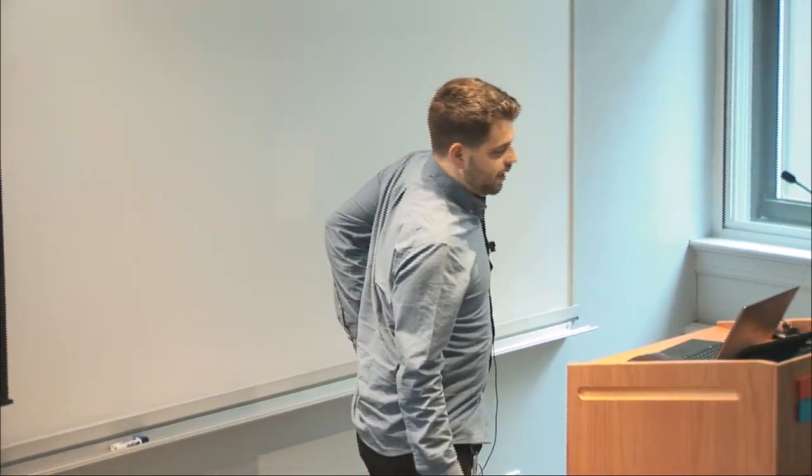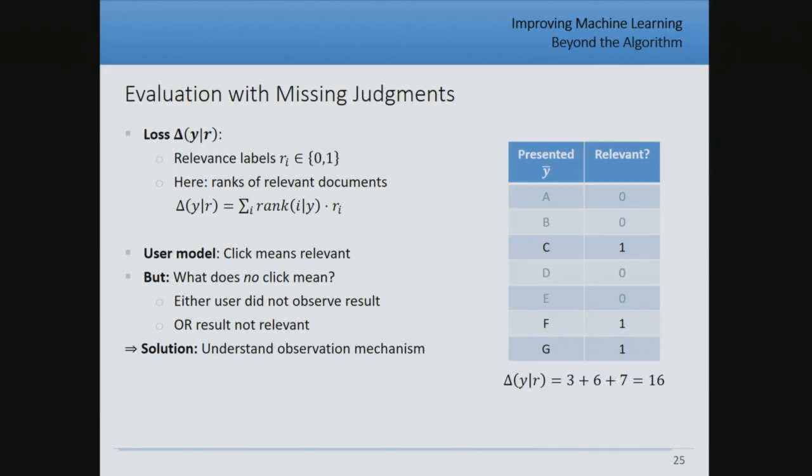Okay. So if we want to evaluate a new ranker, we can't compute the loss function here because there are so many question marks. It turns out, however, that we can compute it in expectation in a similar way as before. Just to introduce a little bit of formal notation, we're working with a loss function delta here.